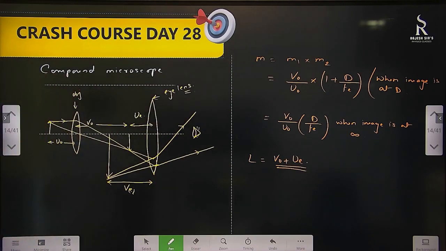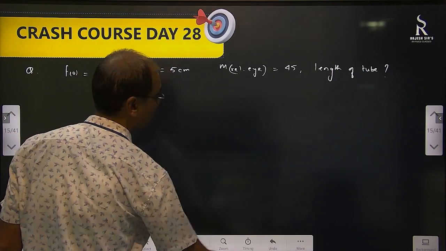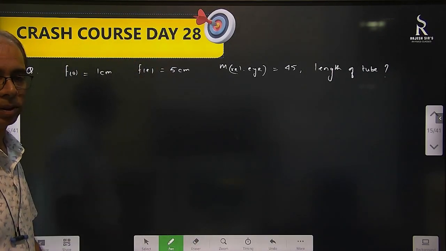Okay, fine. Let's solve problems on this compound microscope now. Optical instruments also an important topic. Okay, one question at least you can expect, and sometimes two questions also from this small topic itself.